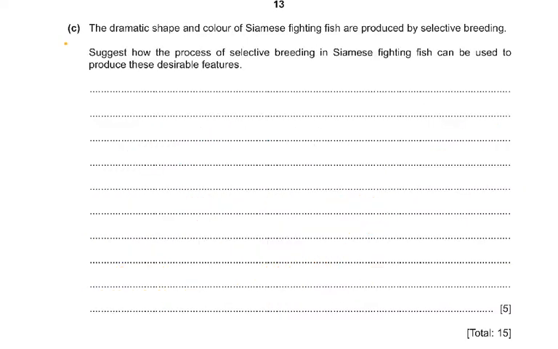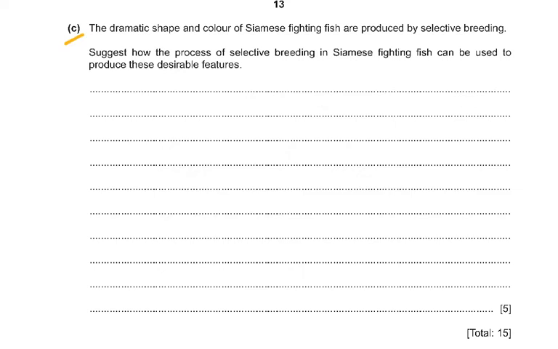And part C of the question, a very long question. The dramatic shape and color of Siamese fighting fish are produced by selective breeding. Suggest how the process of selective breeding in Siamese fighting fish can be used to produce these desirable features. Very easy. Selection is by humans. Selective breeding is another name for artificial selection. Selection is by humans.